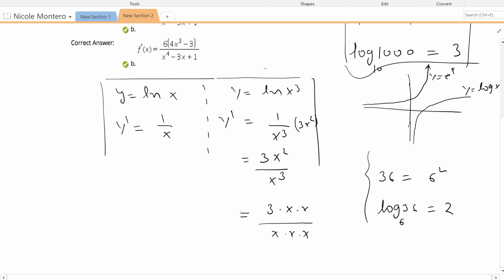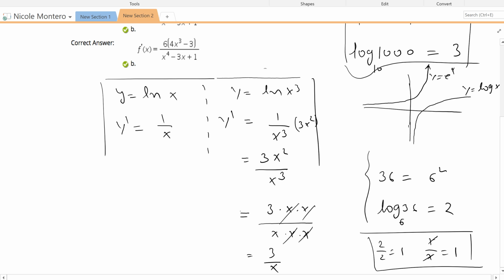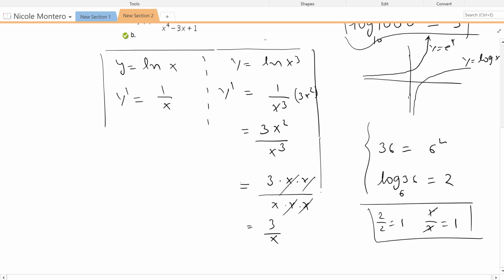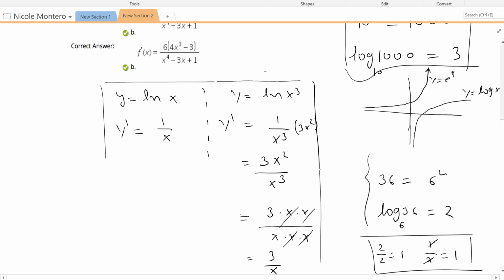Now x over x is going to be 1, right? They cancel. Right, 2 over 2 is 1. In the same manner, we just cancel them, and we are left with 3 over x. That's pretty simple. Good. Okay. So that is the ln.